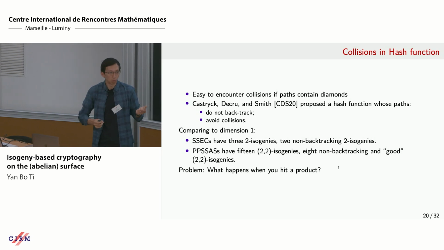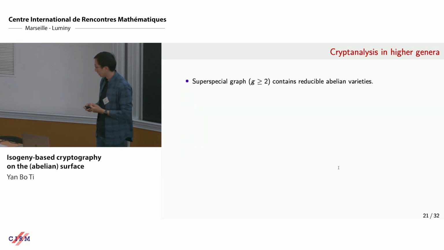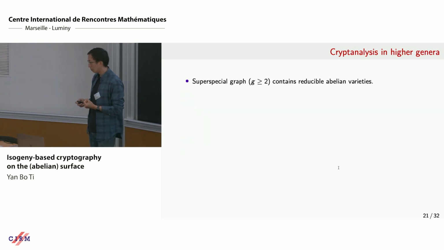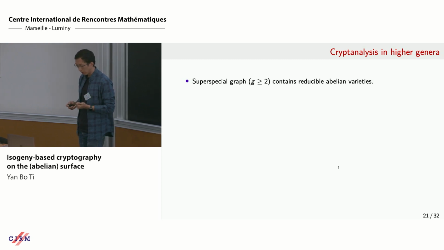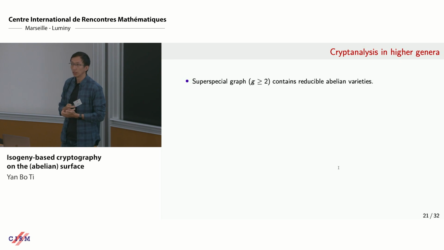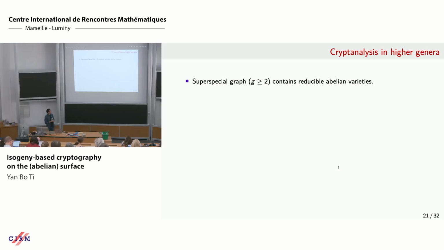Would this break the hash function? Well, this actually produces a vulnerability for genus 2 isogeny cryptography.